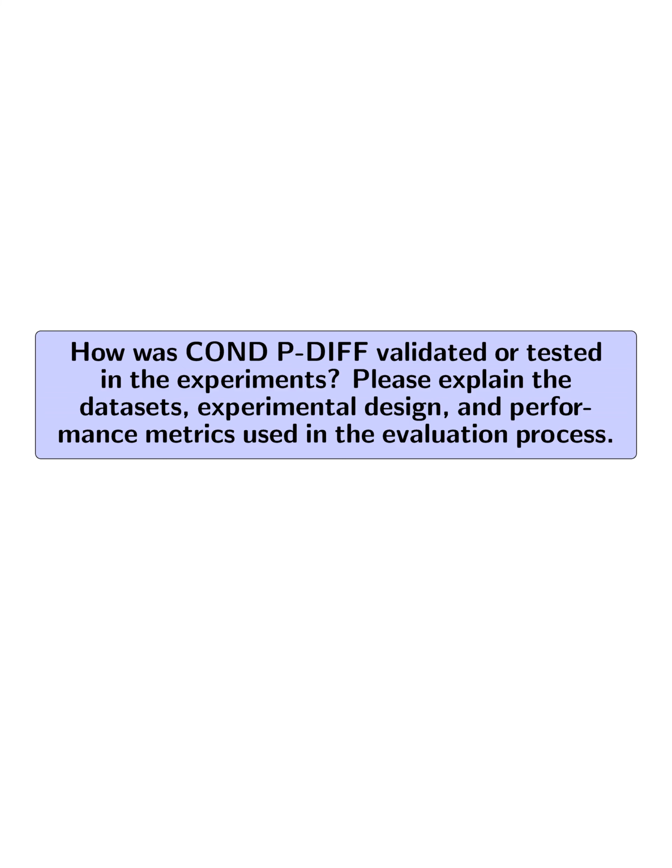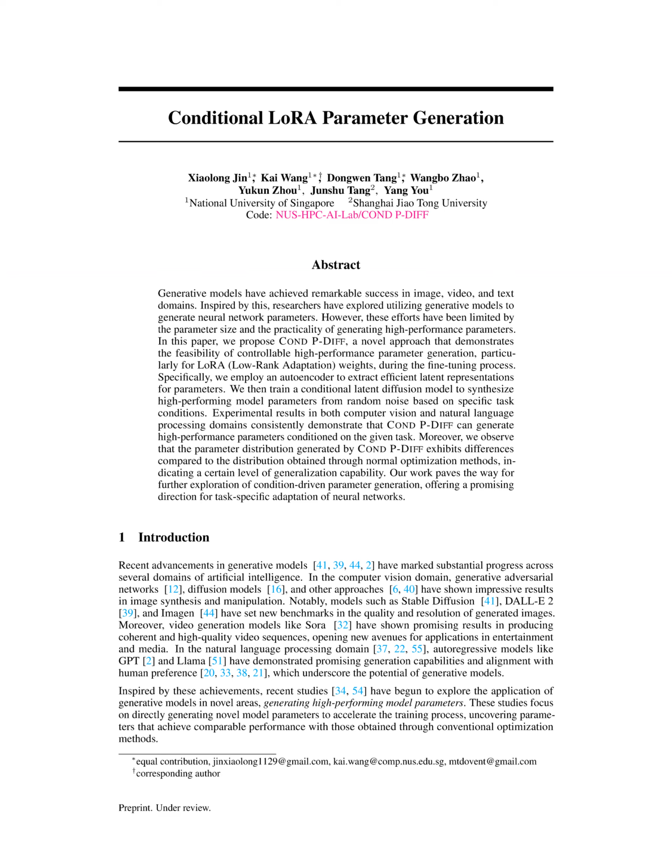Please explain the datasets, experimental design, and performance metrics used in the evaluation process. COND P-DIFF was validated through a series of experiments across various domains, specifically in natural language processing (NLP) and computer vision (CV).